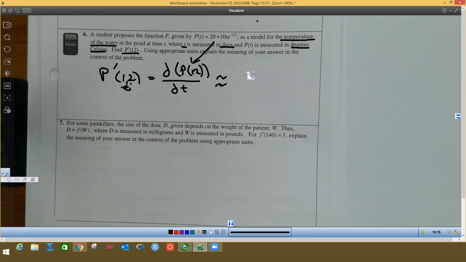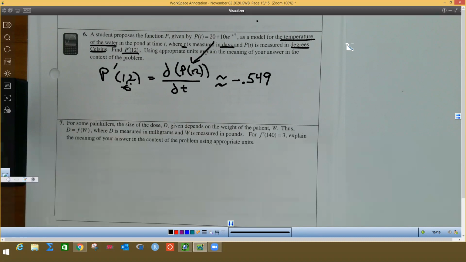So will someone please tell me, and we're going to round this to 3 places. Somebody's got it. What you got? Negative 0.549. Now, we've got to get units in here. What is the derivative compared to the function?